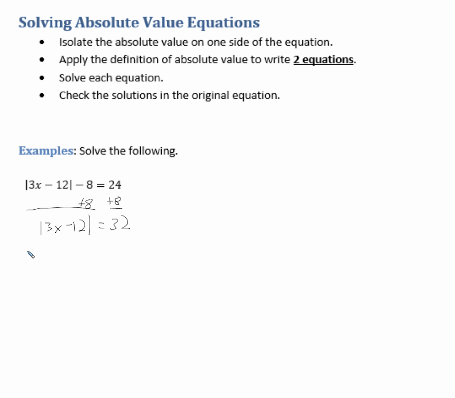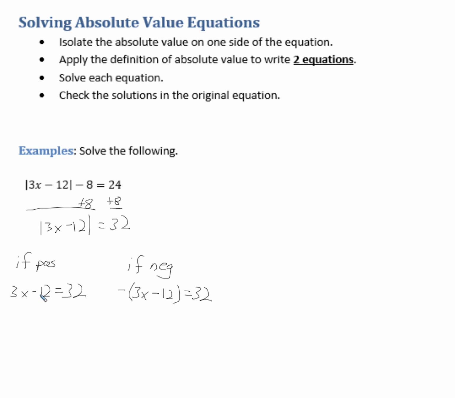So if 3x minus 12 is positive, the absolute value is equal to itself, so we can keep this the same. And if 3x minus 12 is negative, we want the opposite of this. So the opposite of 3x minus 12 is equal to 32.